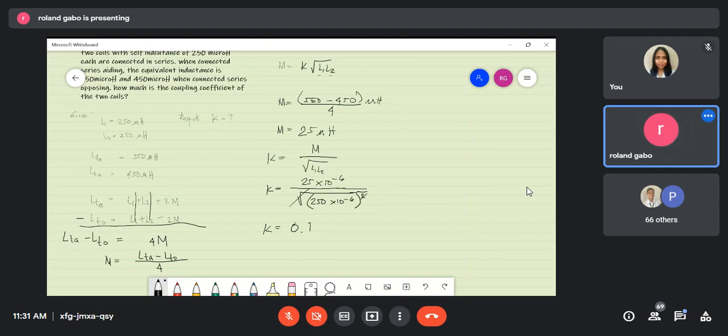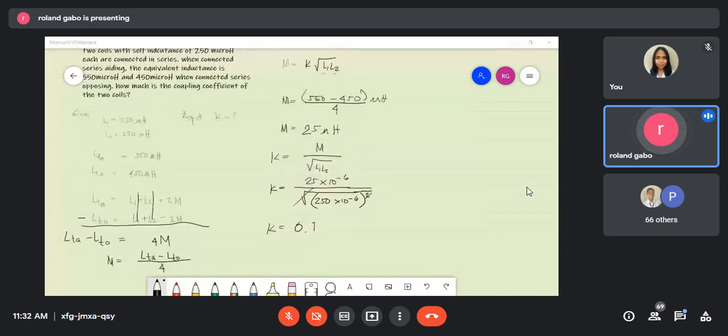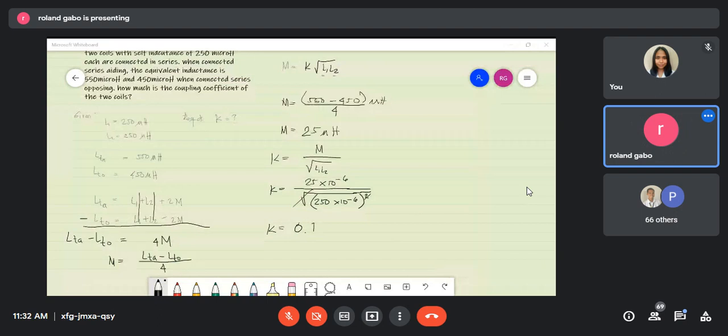The topic is magnetic circuits, including flux density, magnetic strength, those in the notes, the ones I discussed last meeting.